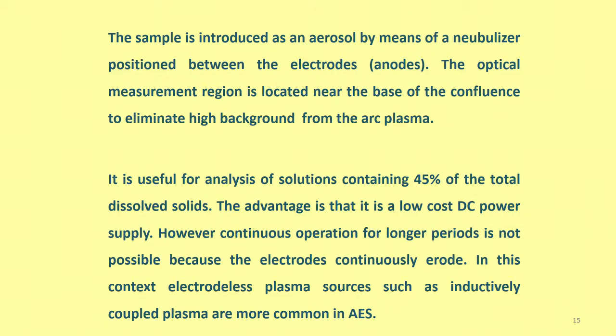So, one is to strike the plasma, another is to remove the extra unwanted radiations coming from the plasma. If they come from the sample, we are happy, because that is what we are going to measure, right.